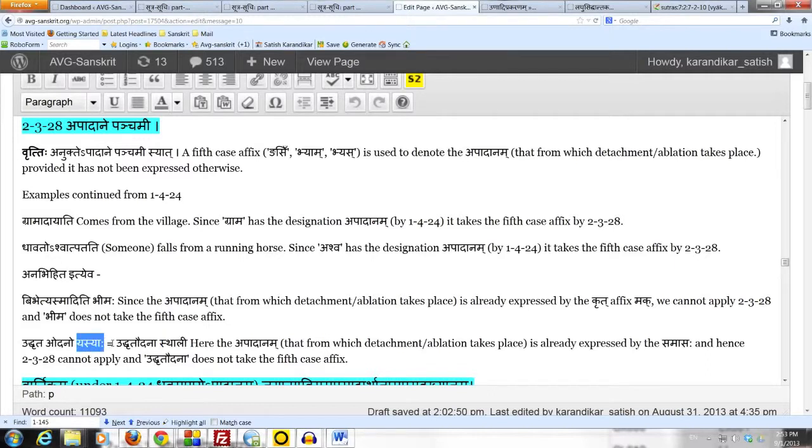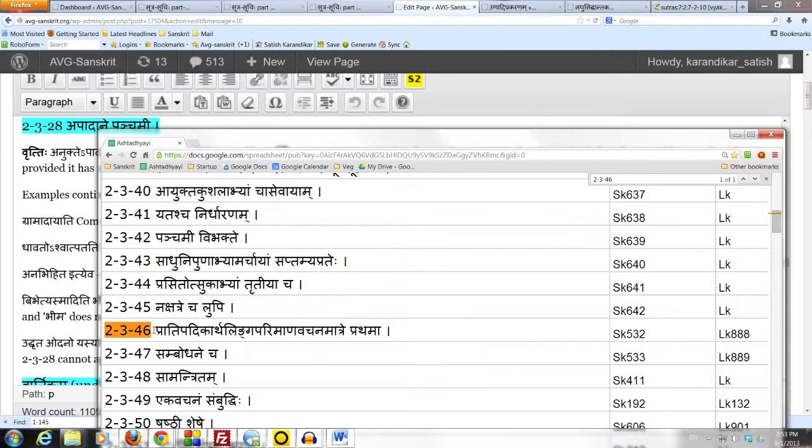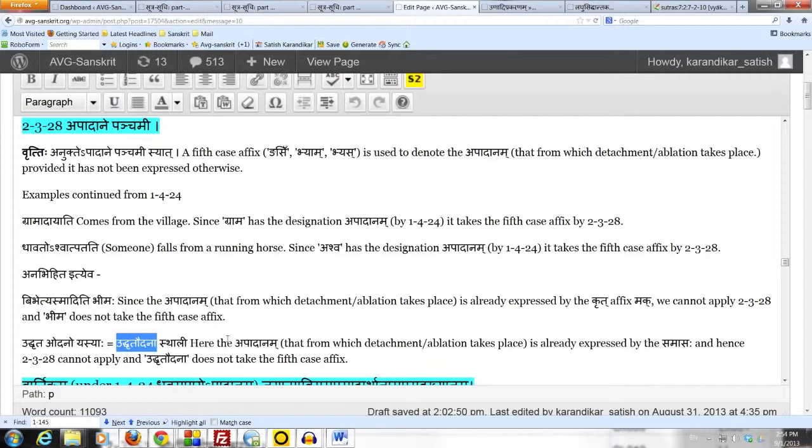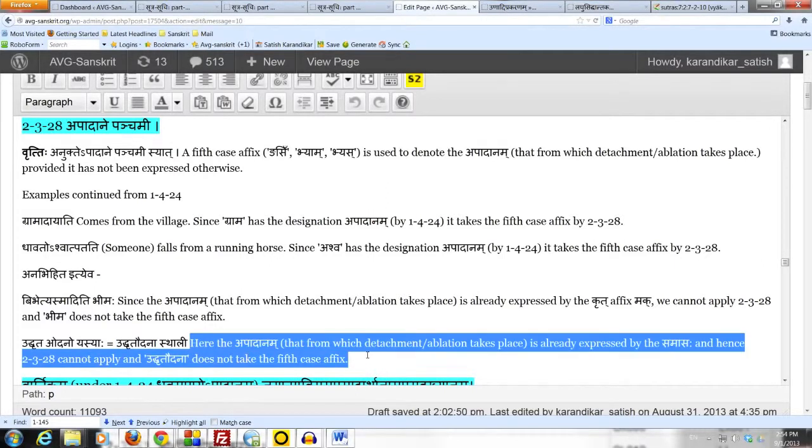Here the apadanam, that from which detachment or ablation takes place, is already expressed by the samasaha, the compound. The compound already has yasyaha, that from which rice has been taken out. And hence 2.3.28 cannot apply, and udhritaodana does not take the fifth case affix. We just use the first case affix in the sense of pratipadika matre by the sutram 2.3.46. So this is the second example to illustrate the importance of anabhite.